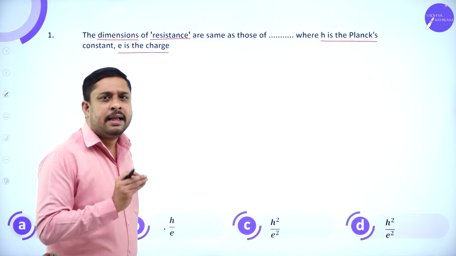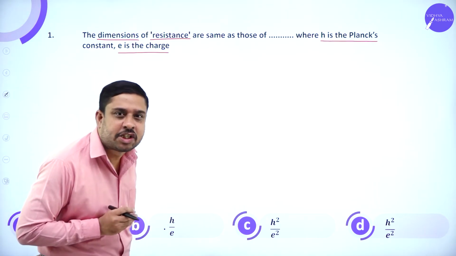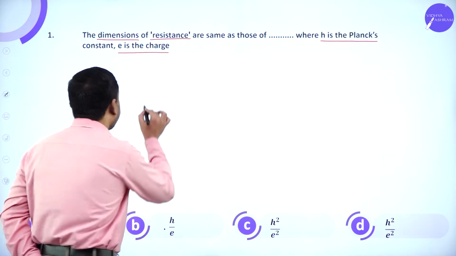Now, let us pull out the basic definition of resistance.